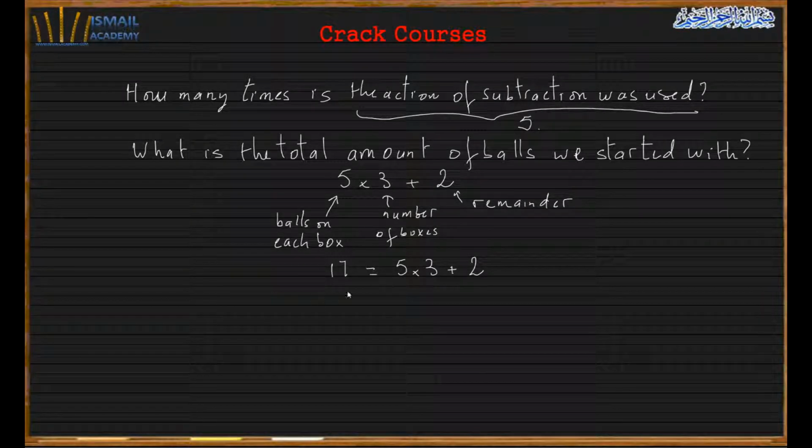Now to name each component of this statement, we're going to name 2 by its real name, which is the remainder. The number of boxes, because we divide the total number into 3 groups, so this 3 is my divisor, and the total number is the one that we divide, so we're going to call it dividend.